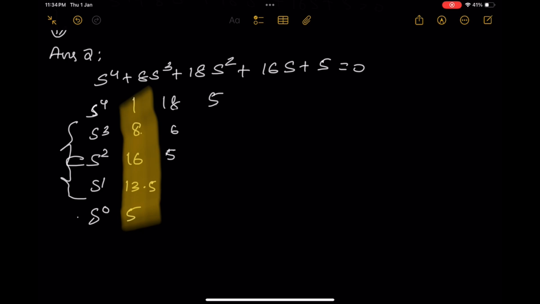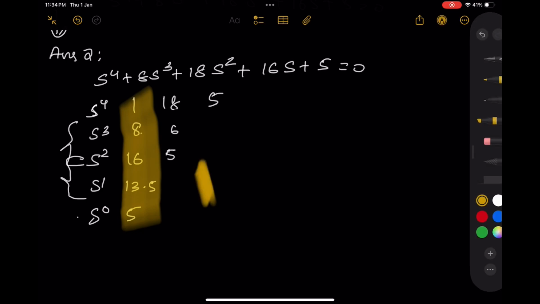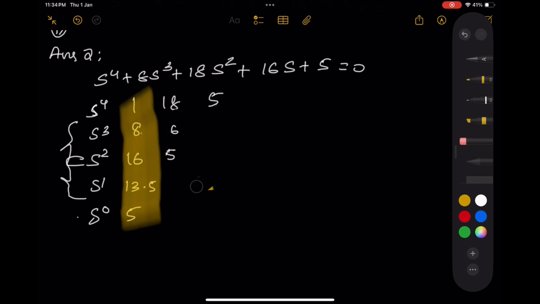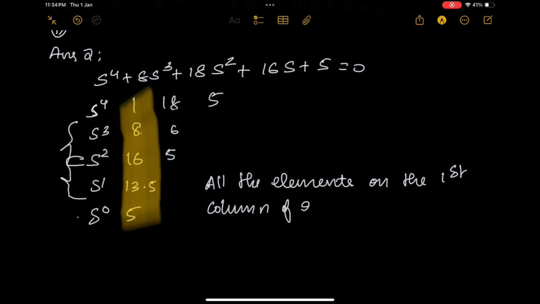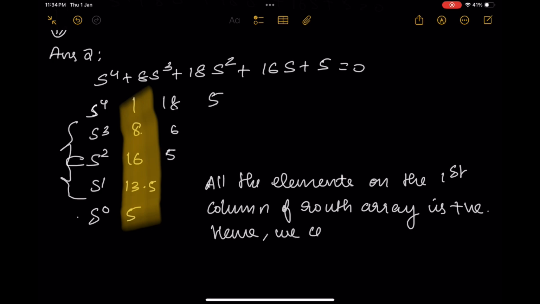So what I'm going to say is, since all the elements on the first column of the Routh array are positive, hence we can say the system is stable.